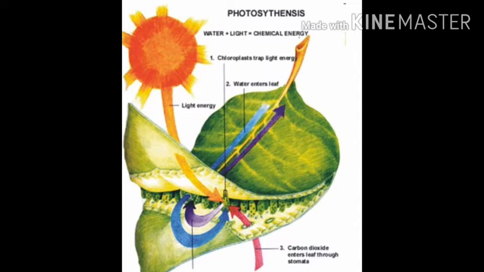The exchange of gases between plants and the environment depends upon the time of the day, the temperature of the day, and the use of gases by the plants. These are the factors that affect the respiration rate in plants.